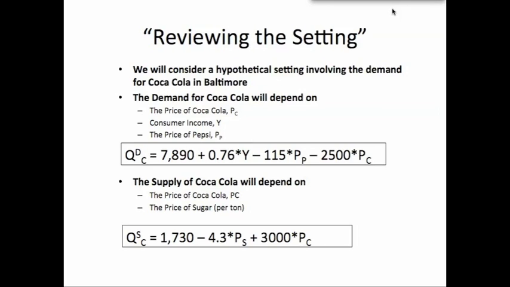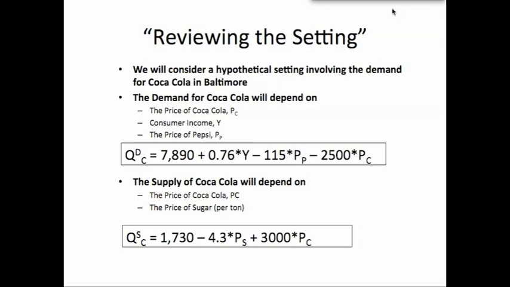Just as a review, in case you missed that earlier video or have gone on to other things, we looked at a setting involving a hypothetical demand function and a hypothetical supply function for Coca-Cola in the city of Baltimore.